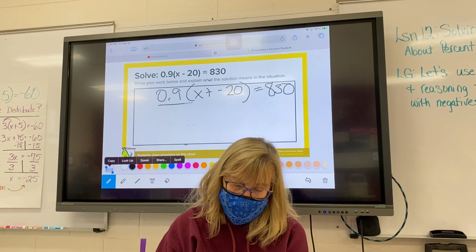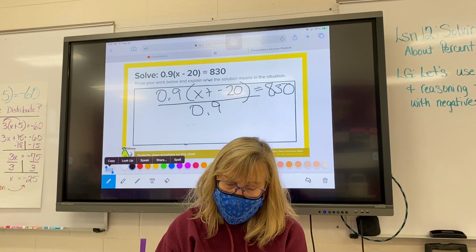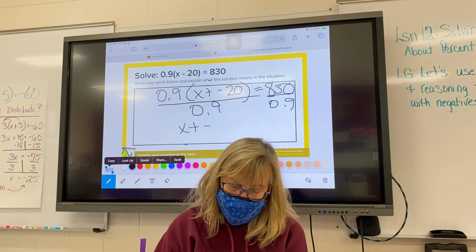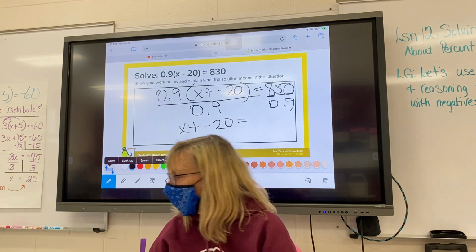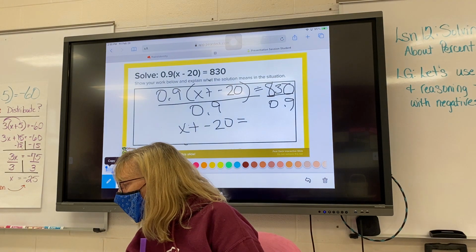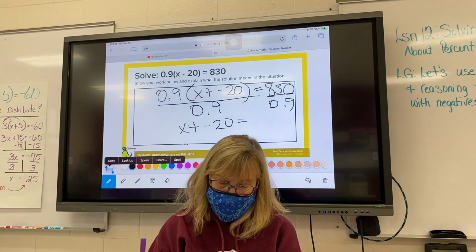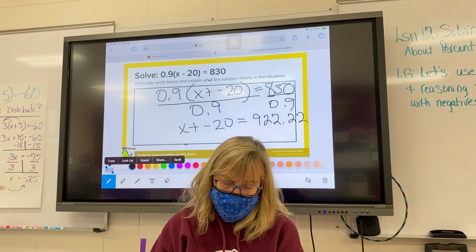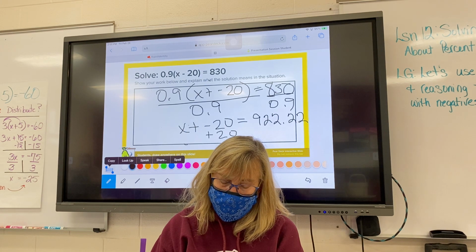We're almost done. So you're going to divide both sides by 0.9. You get x plus negative 20 equals 922 and then 0.2, and then it keeps repeating. And it's money, so I'm gonna do 22 cents. Then I'm gonna add 20 on both sides.